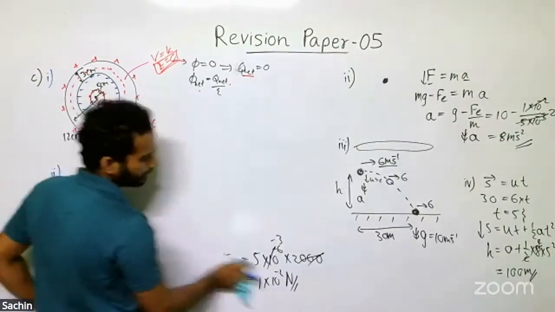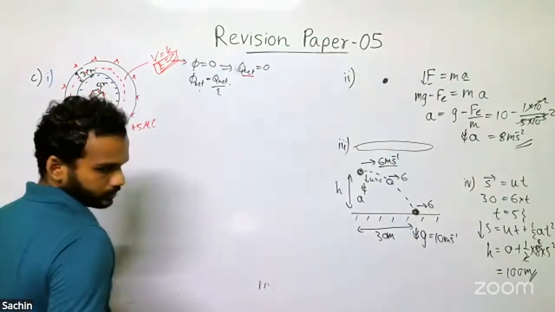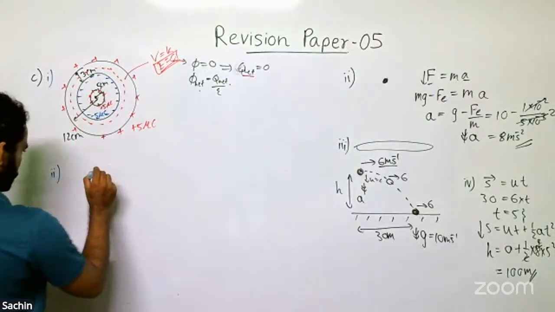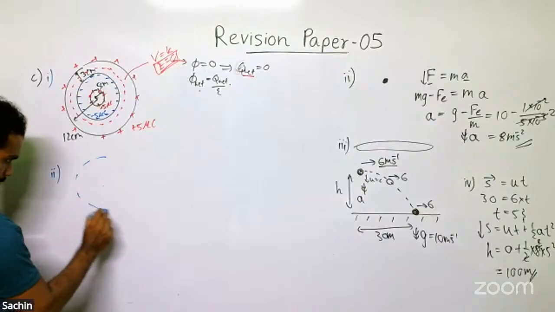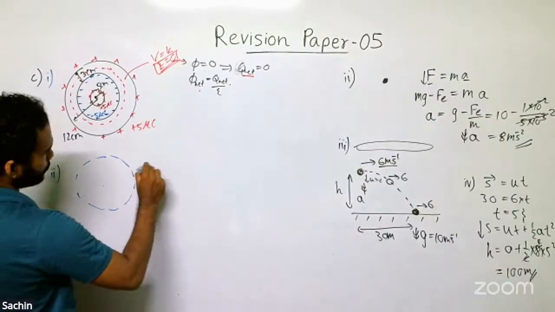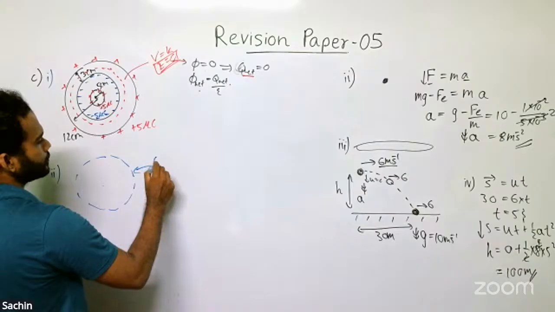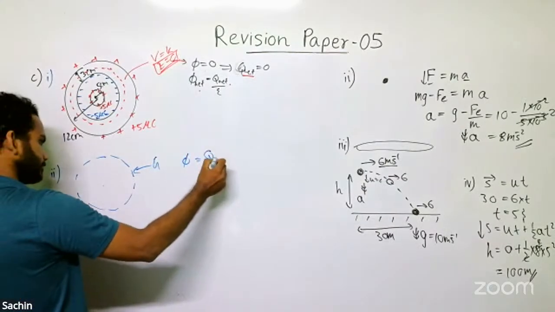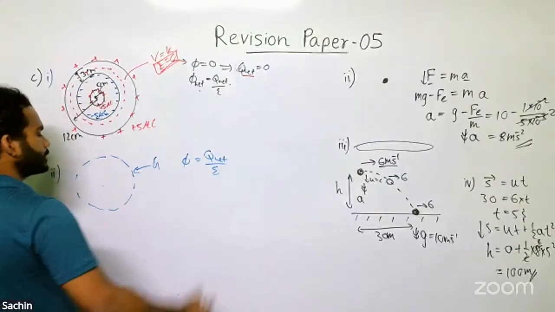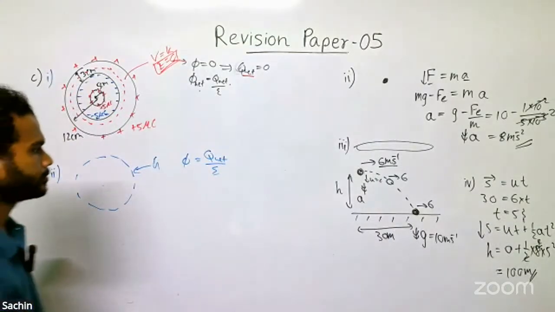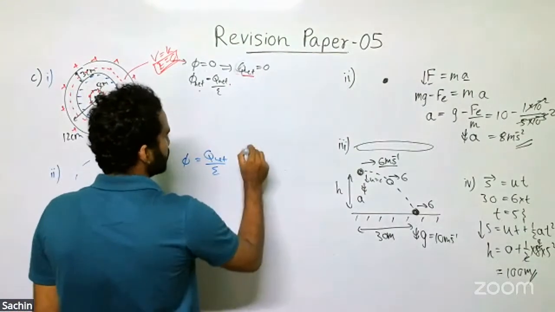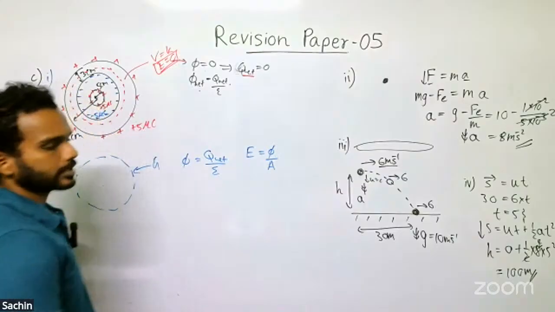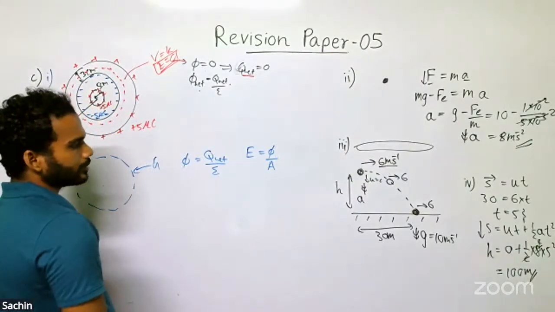So how to calculate the electric field? This is done with the Gaussian law. I'll remind you of the Gaussian law. If there is a certain charge distribution, if you construct the Gaussian surface, you can first evaluate the net flux, which is the charge divided by epsilon, the permittivity of the medium. Then the electric field is the flux density, the total flux divided by the total area.